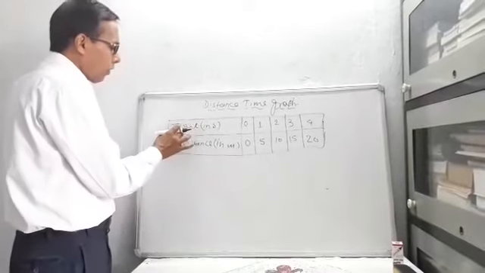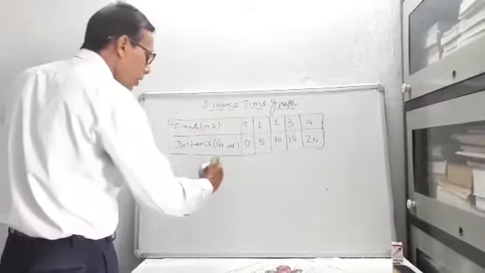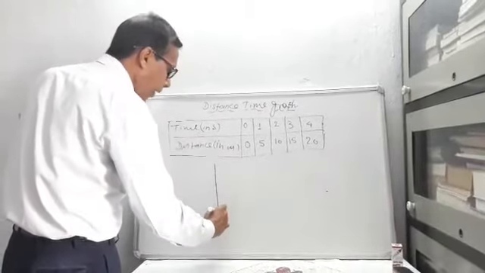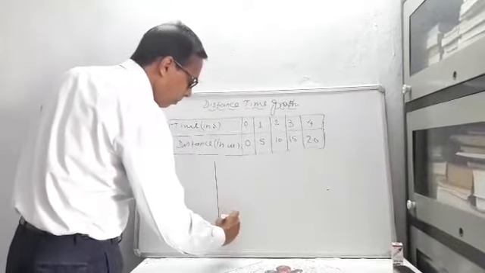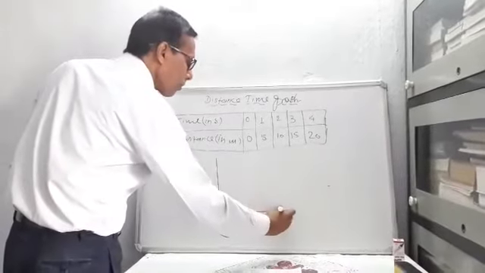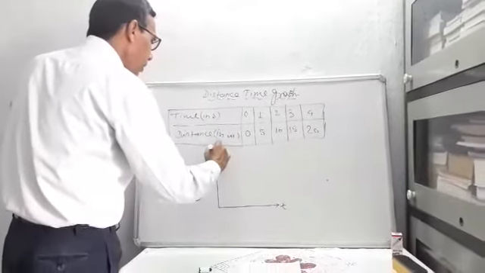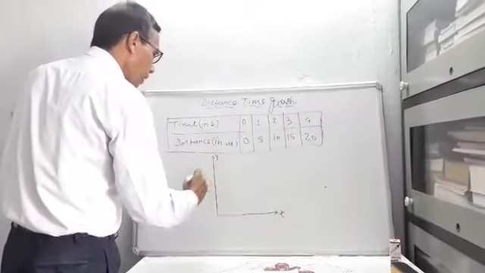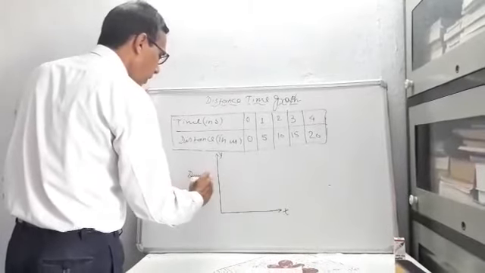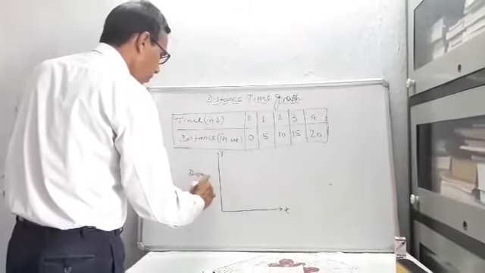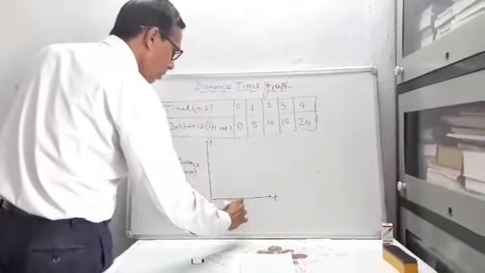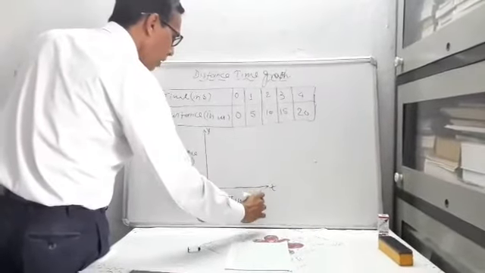To plot a graph between distance and time, we represent time along the x-axis and distance along the y-axis. Here distance in meter, origin, and time in second.